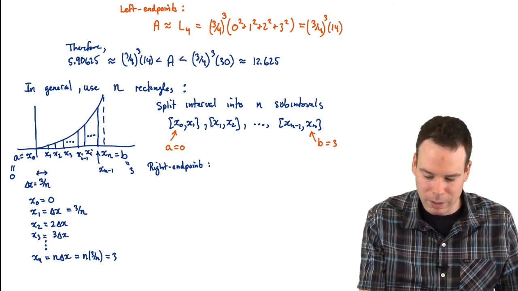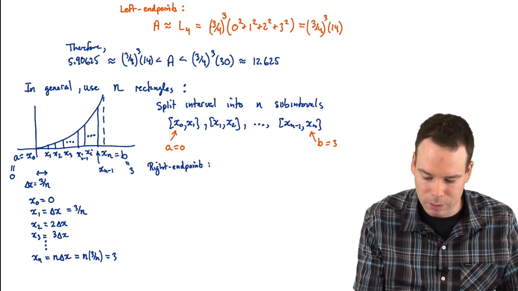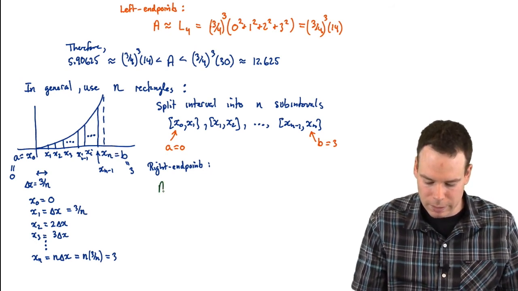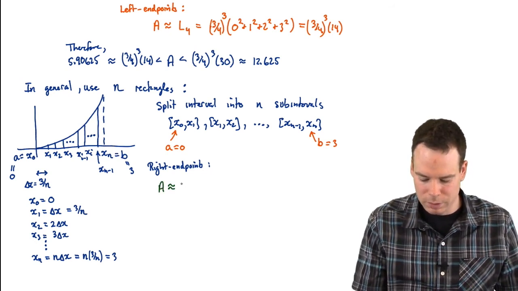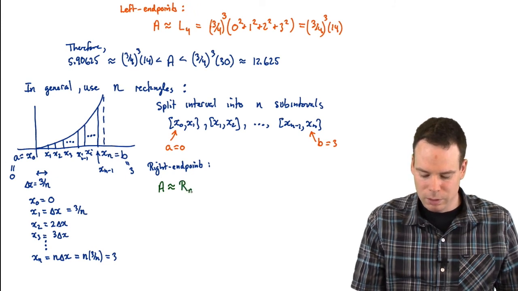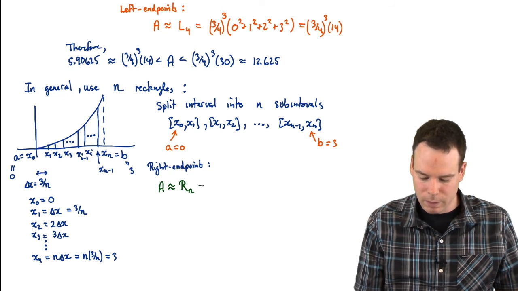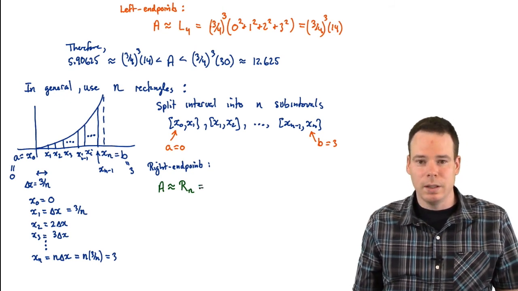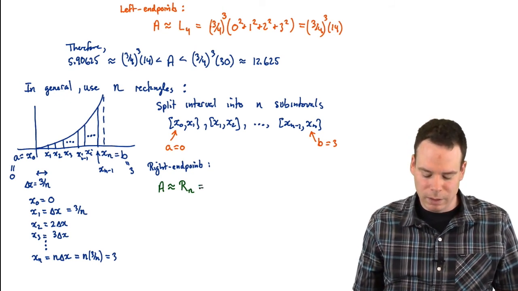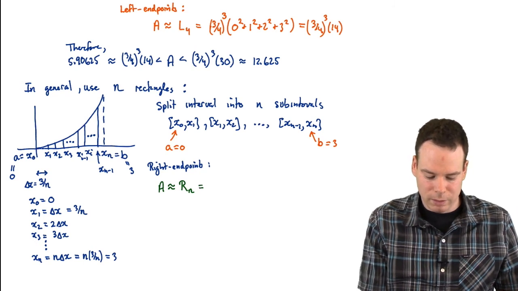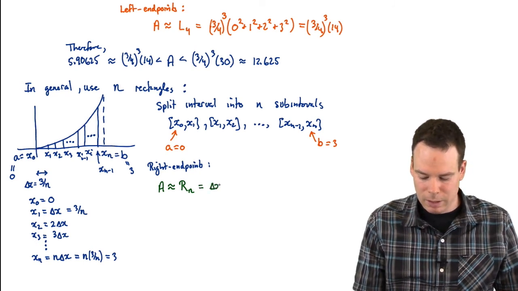So what happens with the right-hand endpoints? Again, I'll color code like we did before. The actual area under the curve is approximately the area using n rectangles, where I've used the right-hand endpoint as the height. What is the sum of the areas of these rectangles? Well, the first rectangle has base delta x.